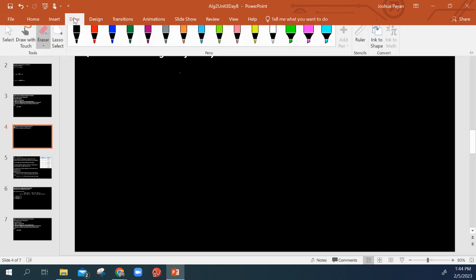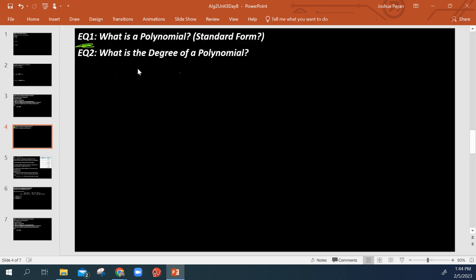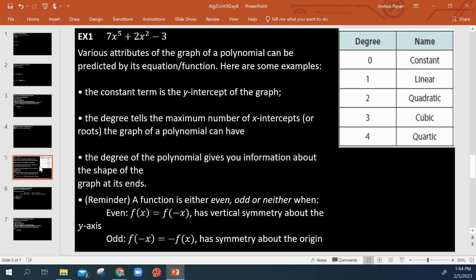Okay, so what is the degree of a polynomial then? The degree of a polynomial is the highest degree in that polynomial. So for example, right here, we have 7x to the fifth plus 2x squared minus 3. This would be a fifth degree polynomial.